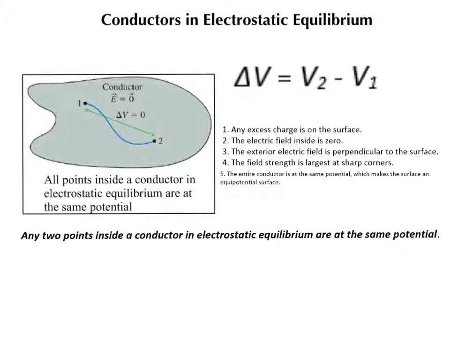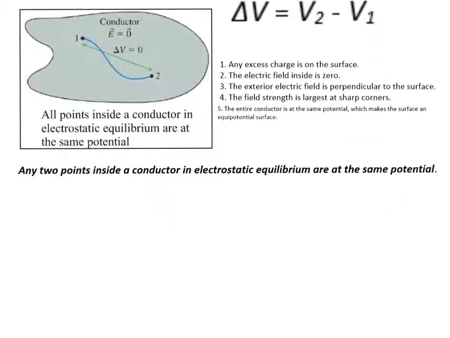When a conductor is in electrostatic equilibrium, the entire conductor is at the same potential. If we charge a metal electrode, the entire electrode is at a single potential. The fact that the surface is an equipotential surface and that the exterior electric field is perpendicular to the surface can now be seen as a special case of our conclusion from the preceding section that electric fields are always perpendicular to equipotentials.